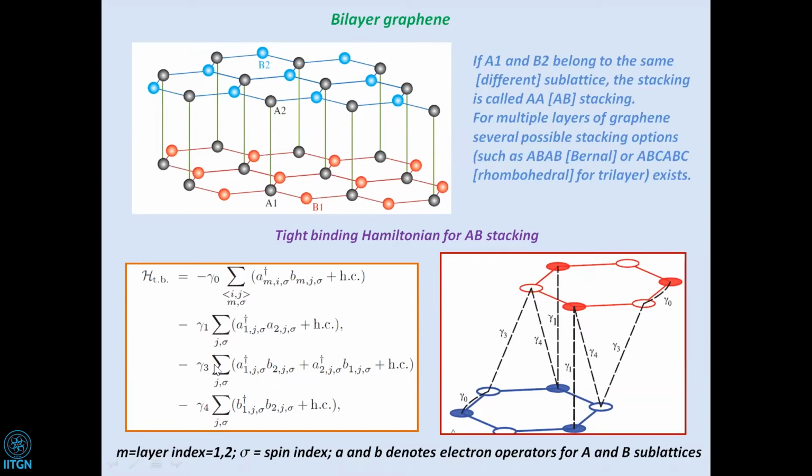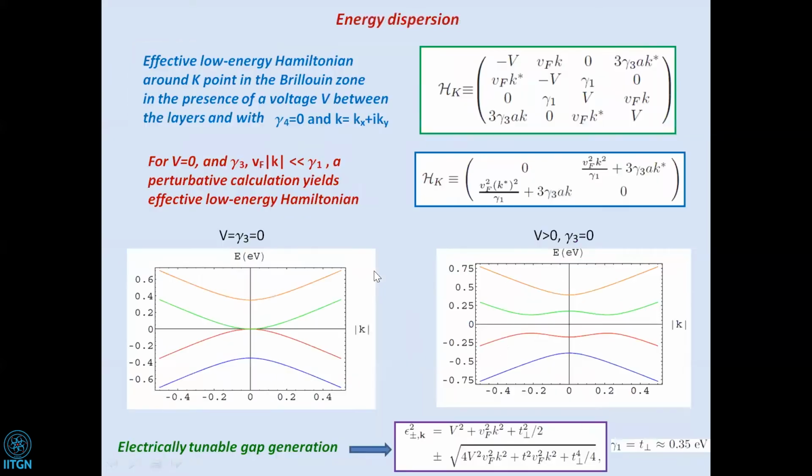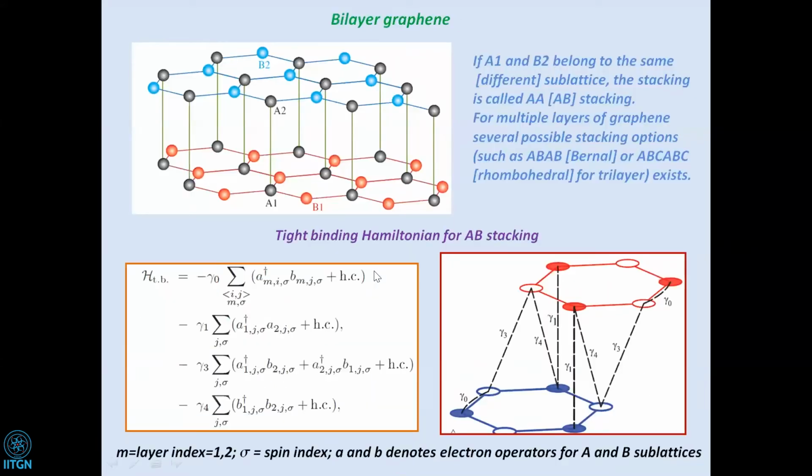So for example, if I take this AB stacking or anything like that, I'm going to get an A1 dagger and A2 hopping like this. And I could get a B dagger, stacking if I just consider the next nearest neighbor. Okay, so they're going to have gamma 3 and gamma 4. So that's roughly the tight binding model.